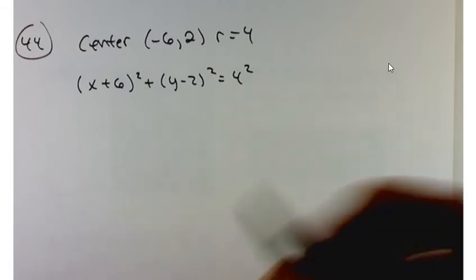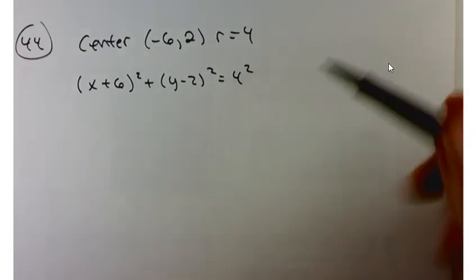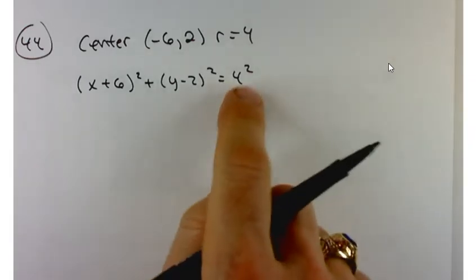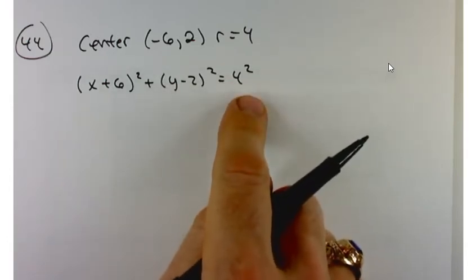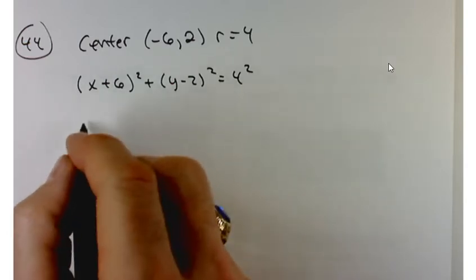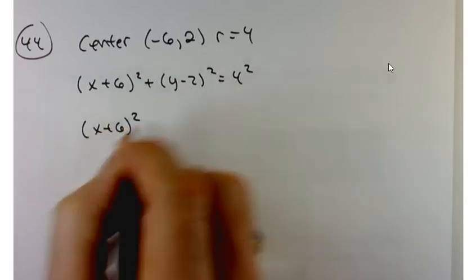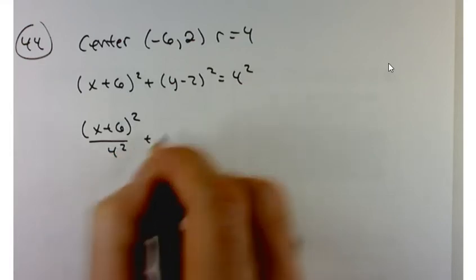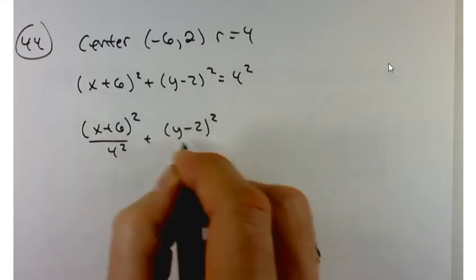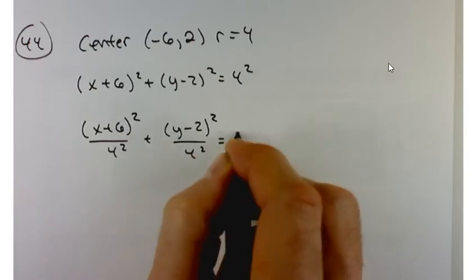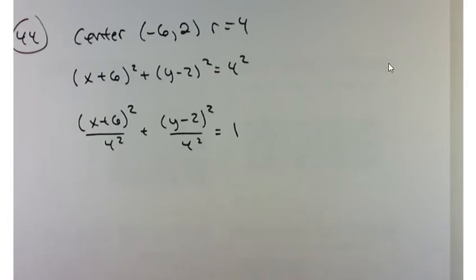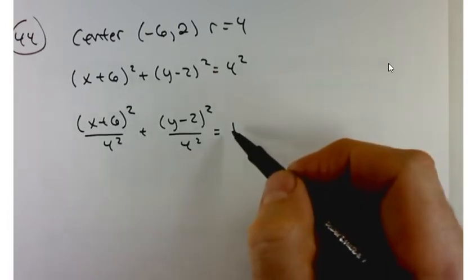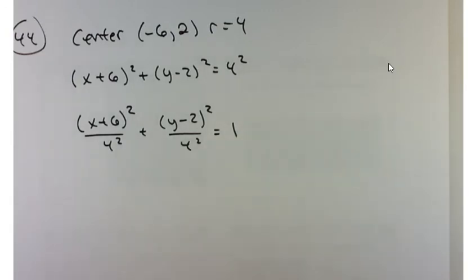So our experience with some of these problems, like problem number 22, is going to help us out here. I'm going to start by dividing both sides of this equation by 16, by 4 squared. So that's going to give me x plus 6 squared over 4 squared plus y minus 2 squared over 4 squared equals 1. And you remember working with these expressions before, where we had a couple things that when we added them, we had sine squared plus cosine squared is equal to 1.